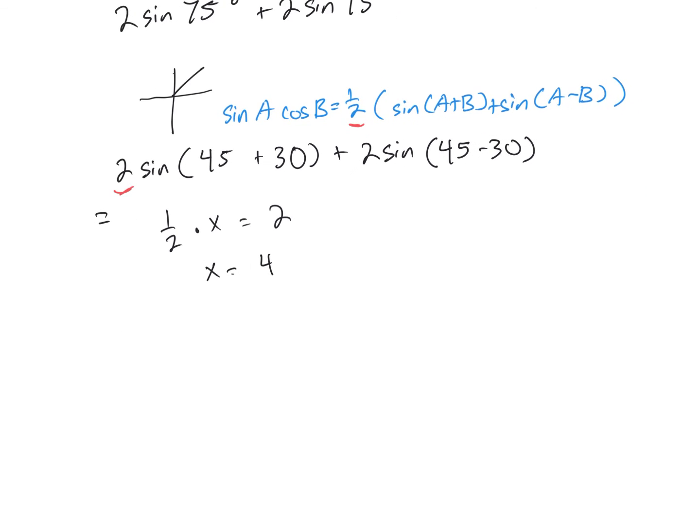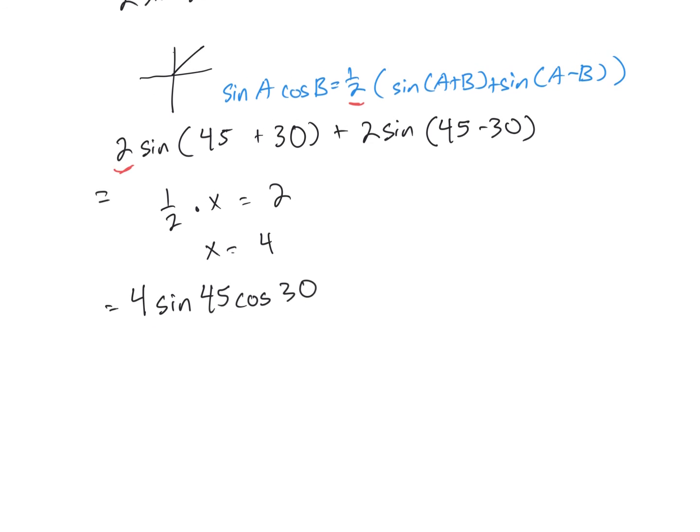So here it should be 4 times sine of 45 times the cosine of 30, and that should give us our exact value.